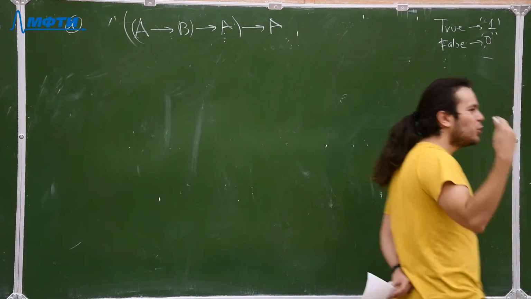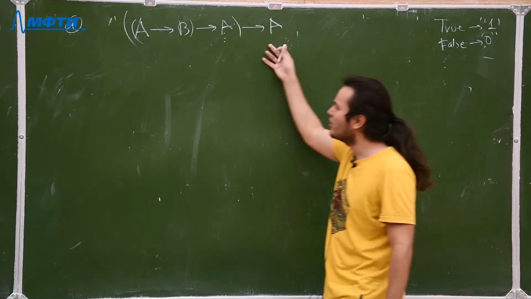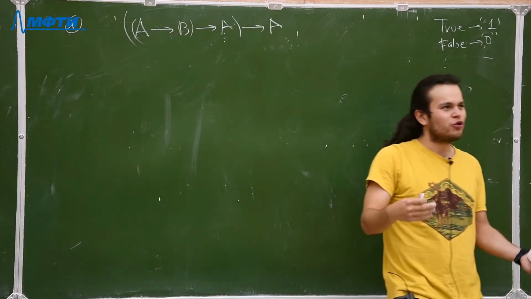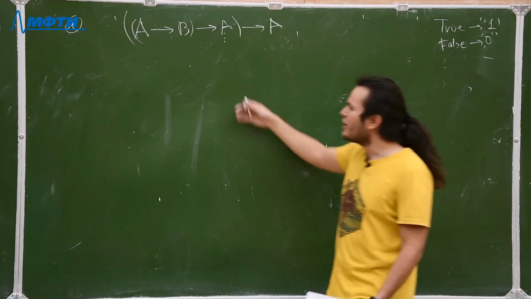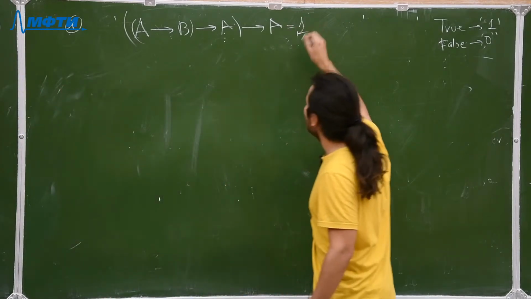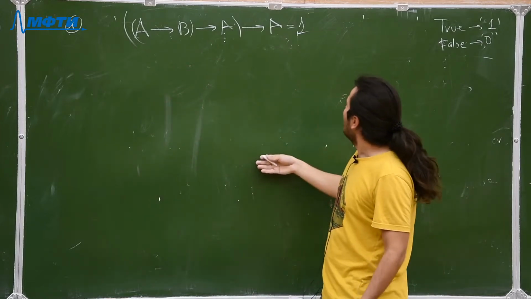So what do we want to show here in this case? Is this statement true or false? We want to know, is it a tautology? So is this equal to 1 no matter what A and B are, right?